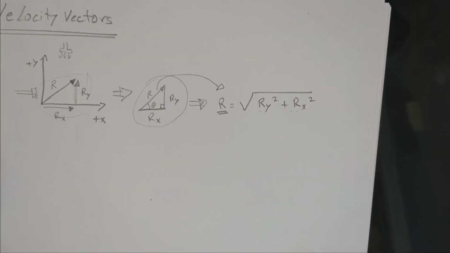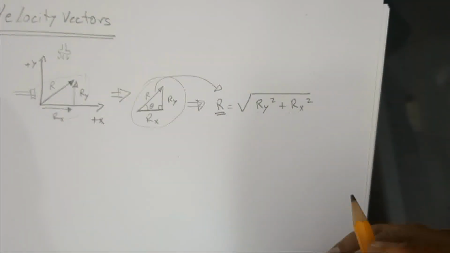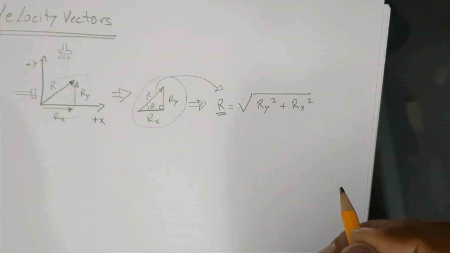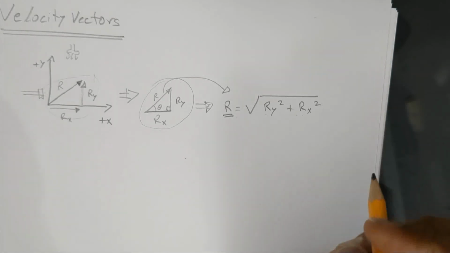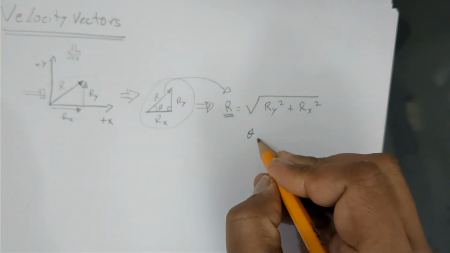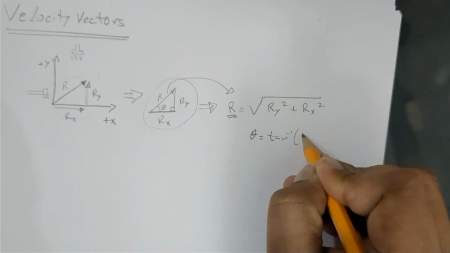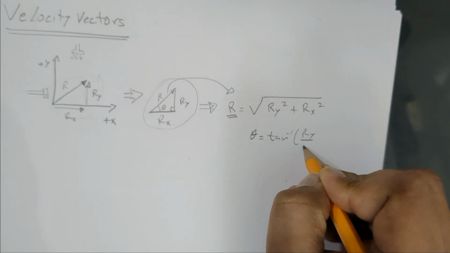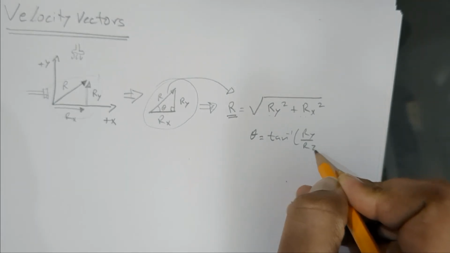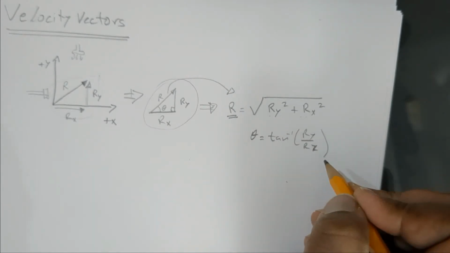Now we have other equations that are related to theta, because a lot of times theta is easily found, or is provided in the problem. So if we have that, what else can we do? So we have theta is equal to tan inverse of Ry over Rx, right? That's one.